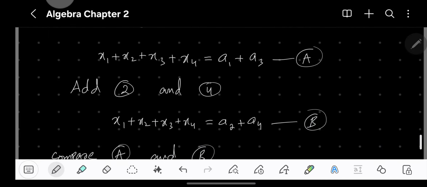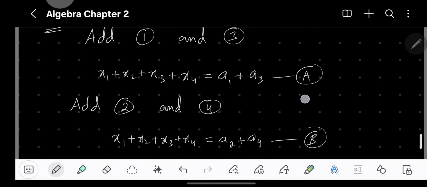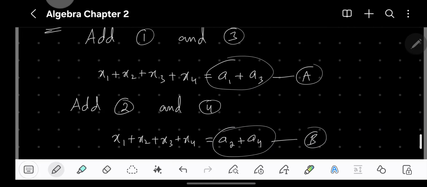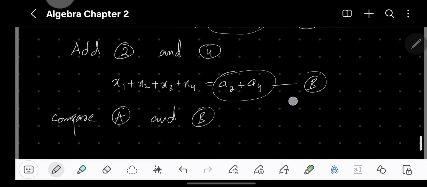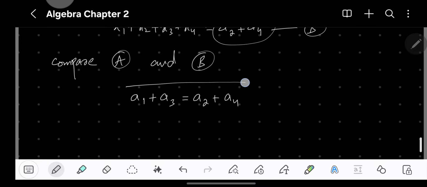So the rule is, if the left hand sides are same, then the right hand sides must be same. That means the right hand side of equation number A must be equal to the right hand side of equation number B. This is the solution.